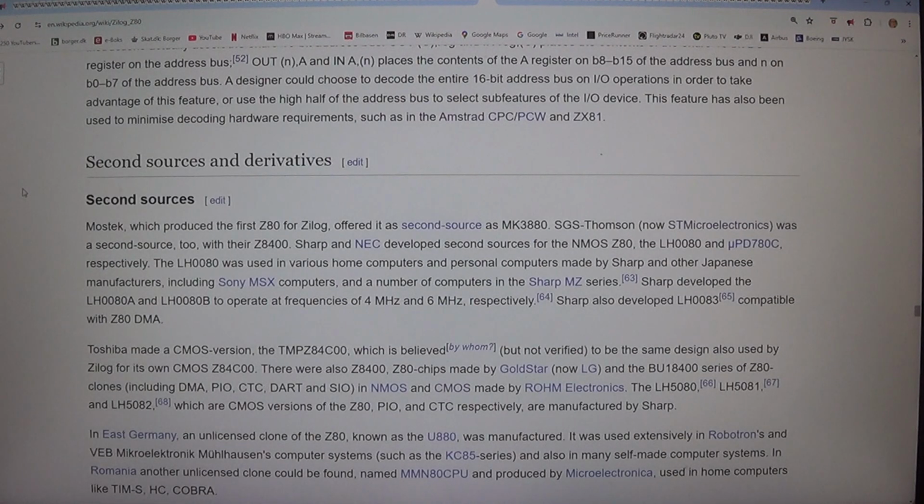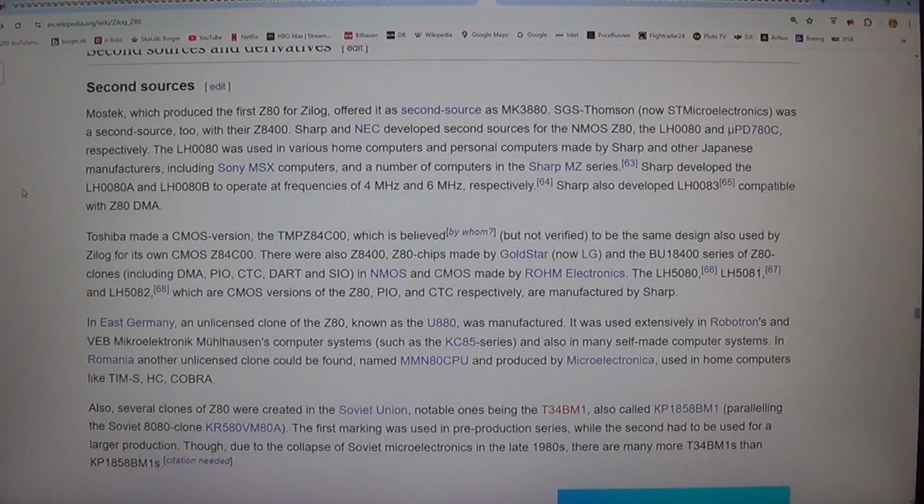Second sources. Mostek, which produced the first Z80 for Zilog, offered it as second source as MK3880. SGS Thomson, now ST Microelectronics, was a second source, too, with their Z8400.